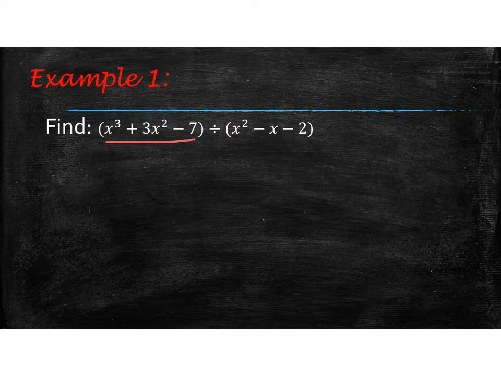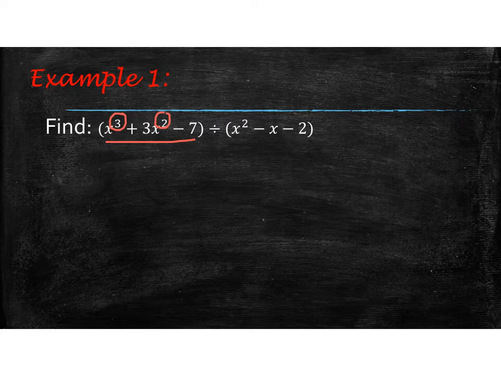Now, the one thing that you are going to have to check for is you need to have all of your terms in degree order, but you also can't have a term that is missing. So, for example, this one starts with a power of 3. Then we go down to a power of 2.